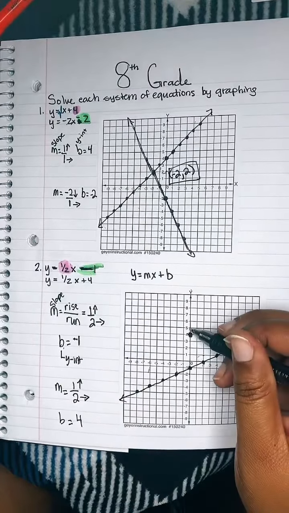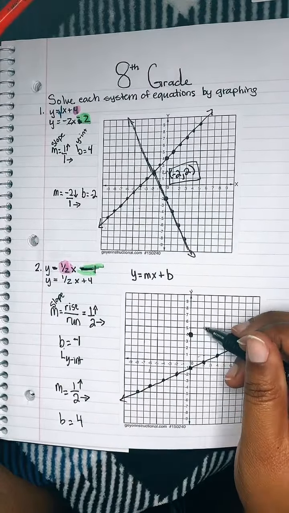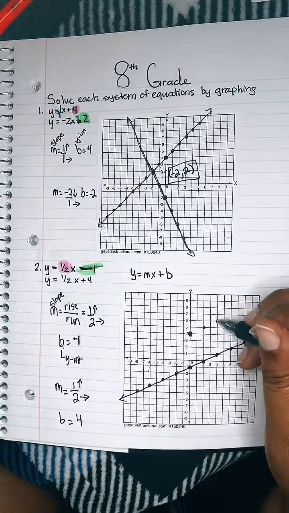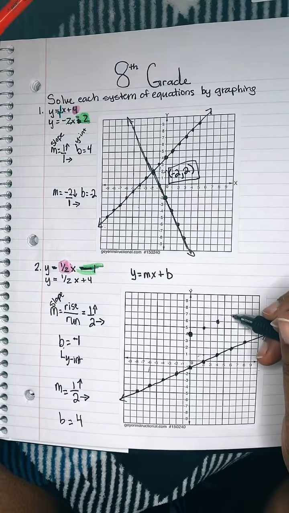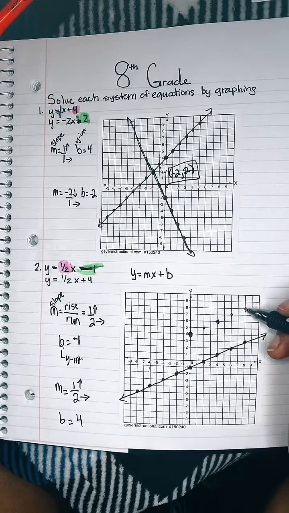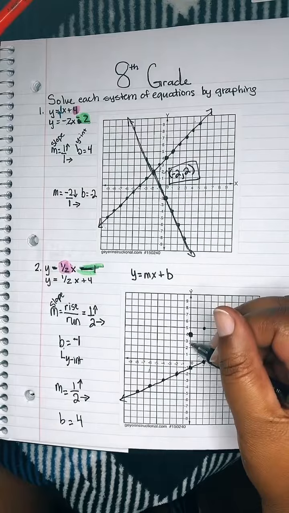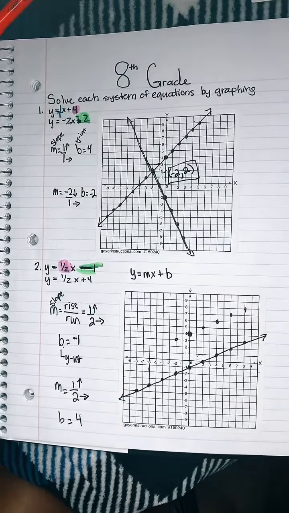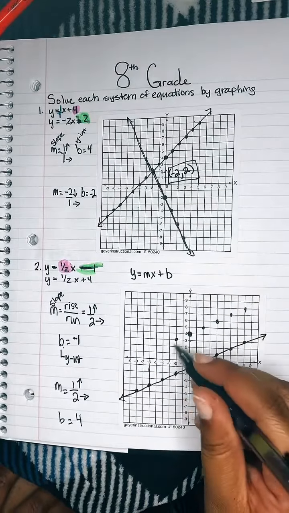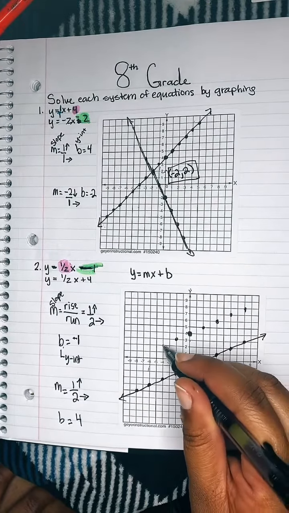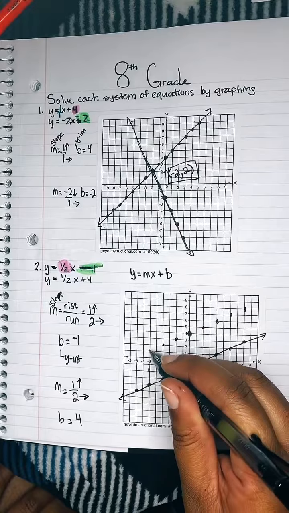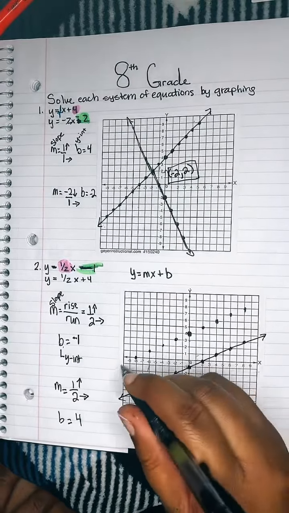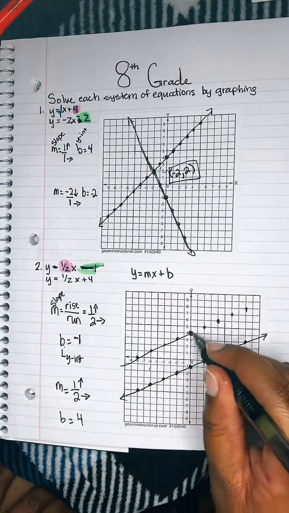So I'm rising 1, going to the positive 2, and again, and again. Then do the same thing going down 1/2, down 1/2, down 1/2.